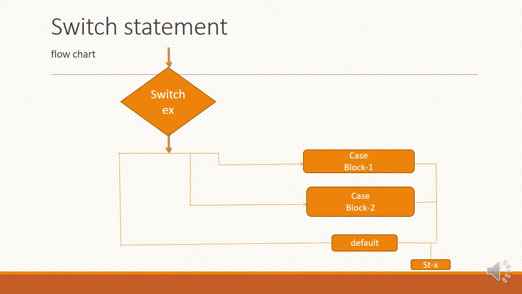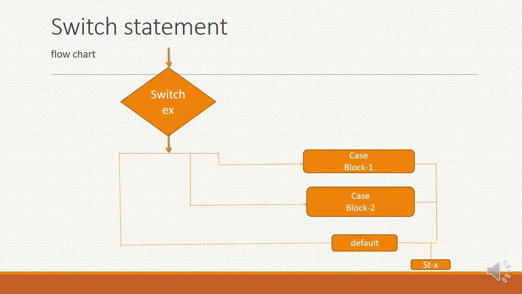In the same way, any number of cases you can write here. Finally, one default statement is there. But in the nested if else or if else ladder, it checks whether the condition is true or false. Depending on true and false, it executes a set of statements, that is a block of statements.